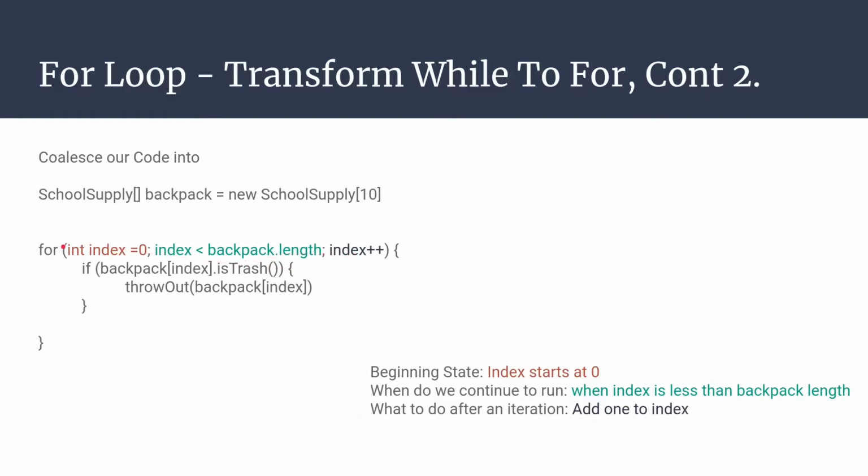Do notice here that these are separated by semicolons. Now, again, here's that curly brace scope that we use with loops. And here's an if statement, and we are now throwing out the backpack subindex. And you see we are not incrementing index in the loop anymore. It's handled by the for loop.